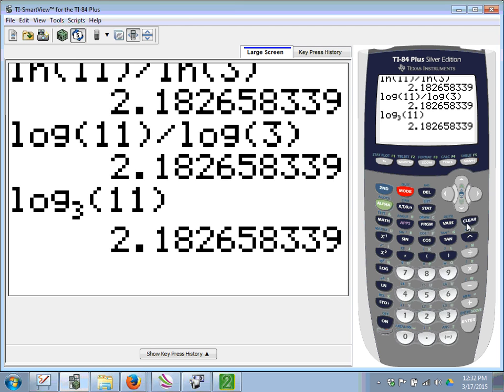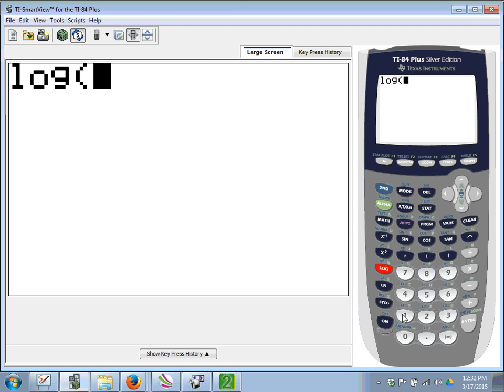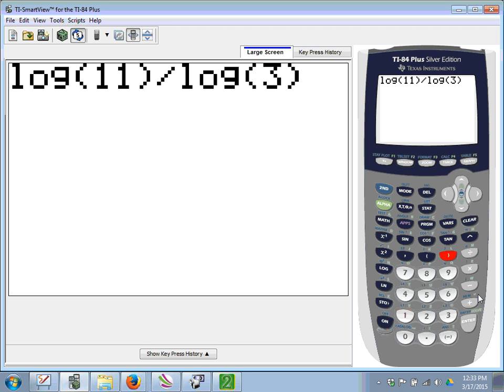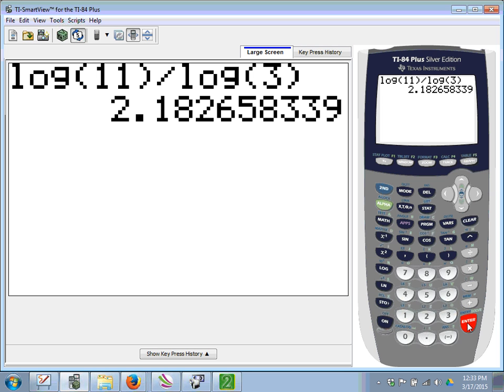So you type in log of 11, close parenthesis, divided by log 3, close parenthesis, enter. Well, would you look at that, 2.18.